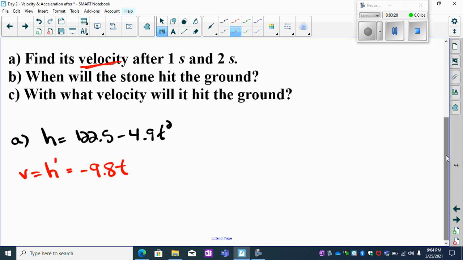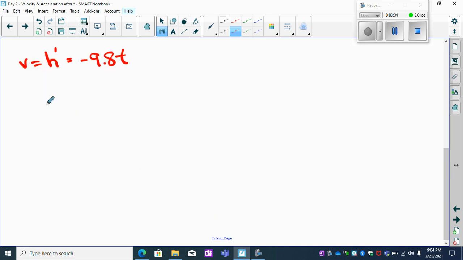All right. Now they want to know the velocity after 1 second. So I am going to take this and I'm going to fill in a 1 in for t. And I get a velocity of negative 9.8.